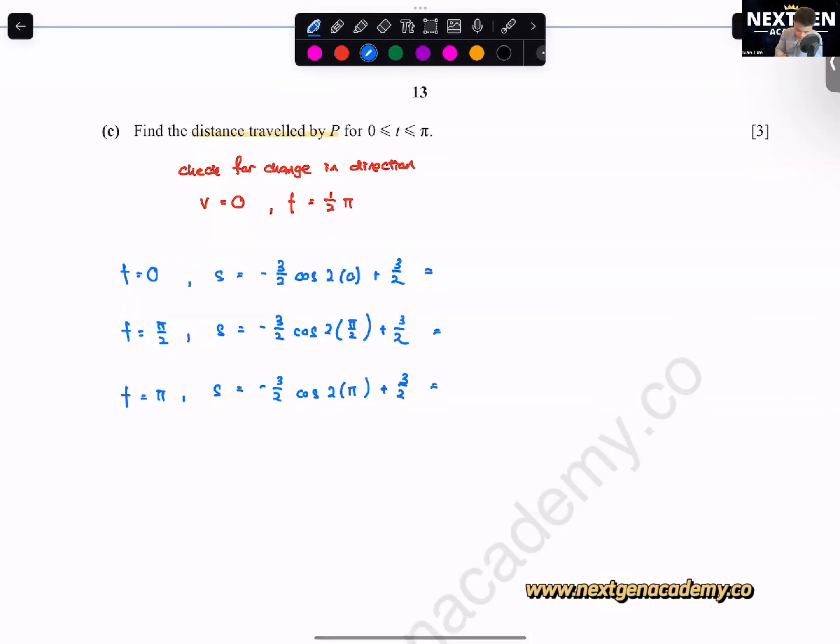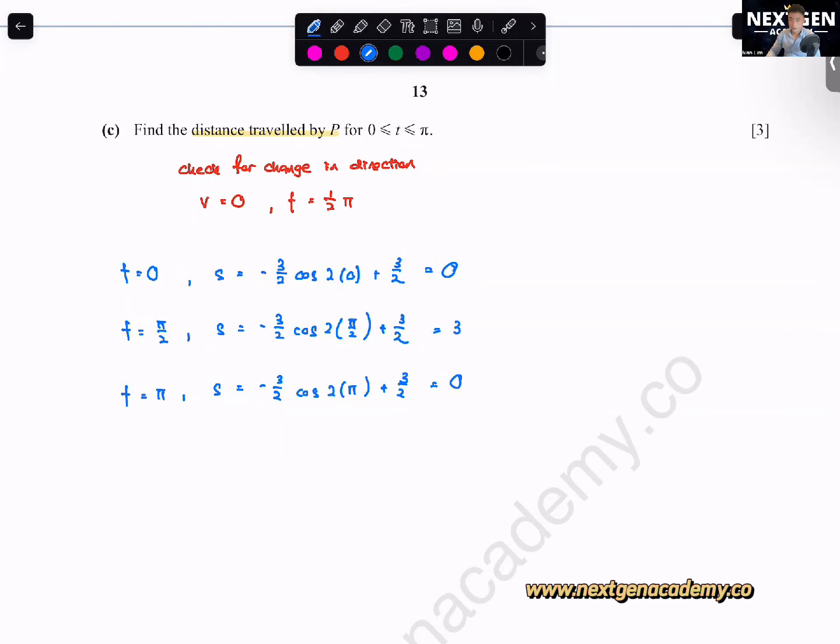Okay, everyone type in the calculator. 0. Okay, first one 0. Second one, pi over 2, you get 3. Okay, then last one, pi, back to 0.